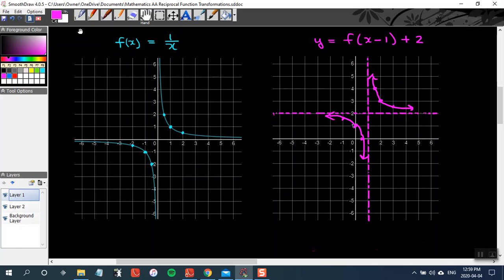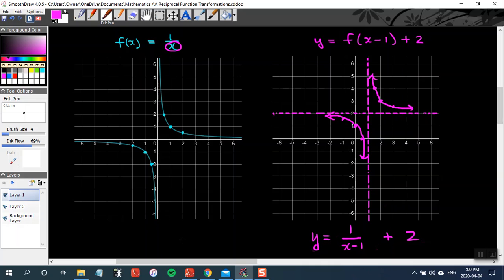Well, we'll do it in pink. We'll say it's y equals. Now the easy part is adding a plus 2 at the end. And my original function was the reciprocal of just x, which matches the input in that function. And now I have to take the reciprocal of x minus 1. So our input location, which used to be x in the denominator here, switches to x minus 1.